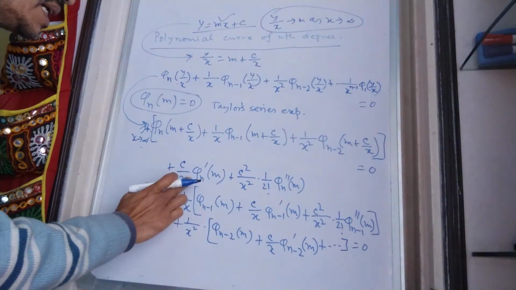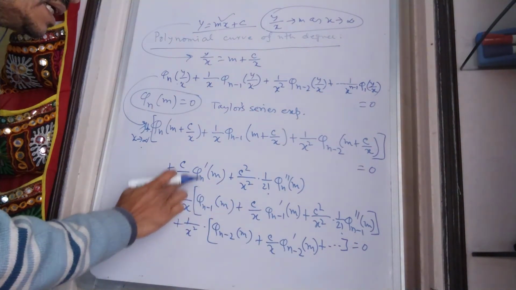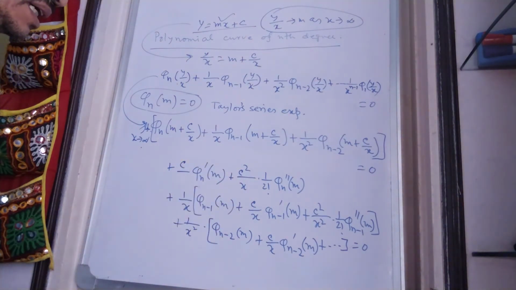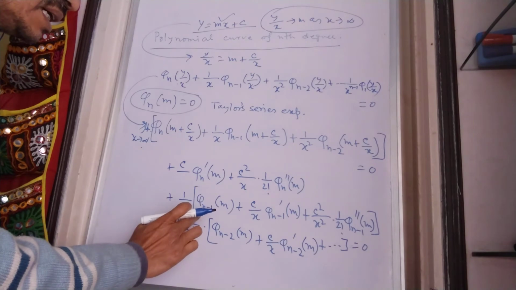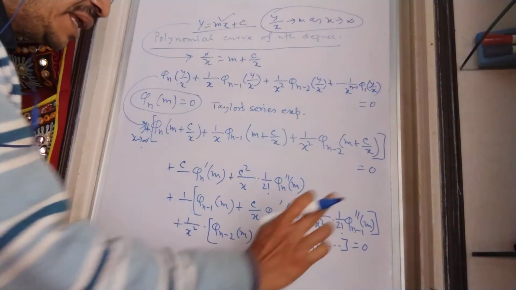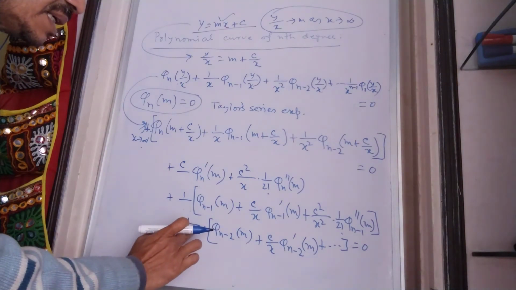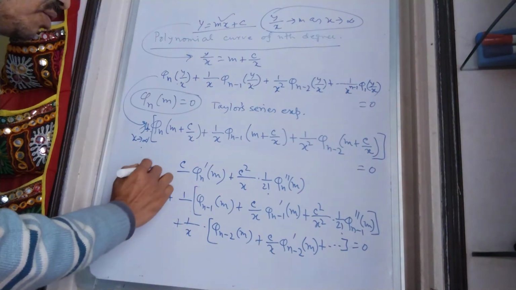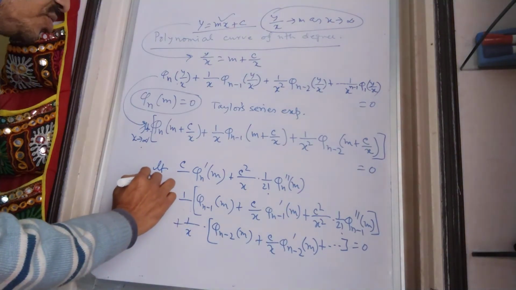So it becomes this only, and it becomes this only. And what about this? This x cancels out, but this x remains. And what about this? It becomes 1 by x, isn't it so? And then we take the limit of x tends to infinity.